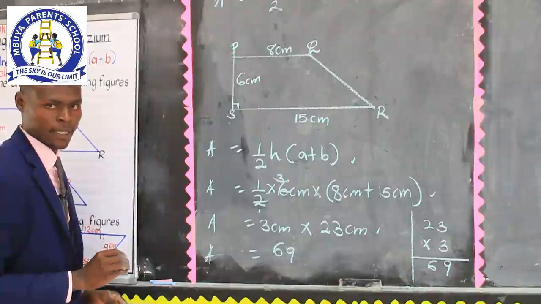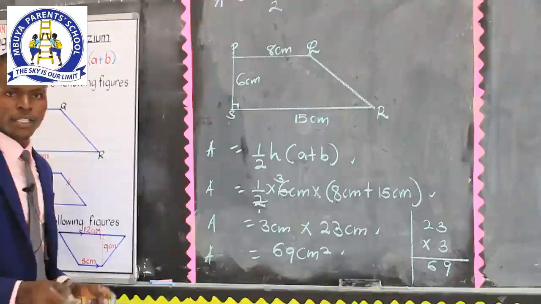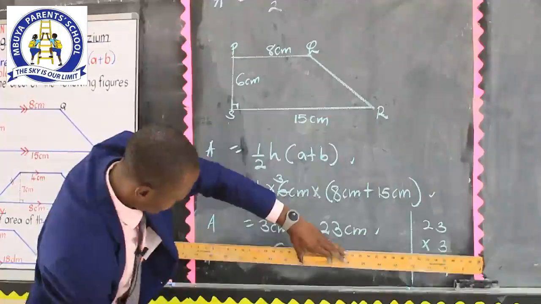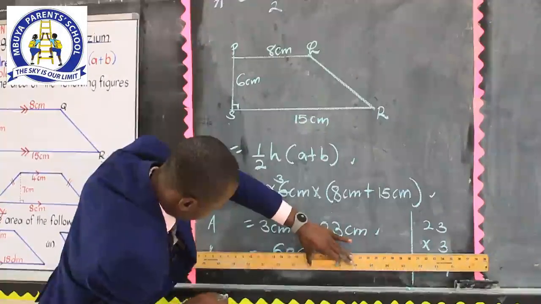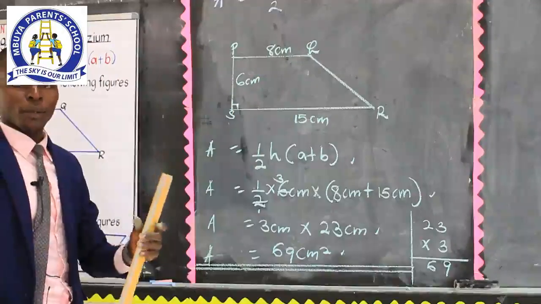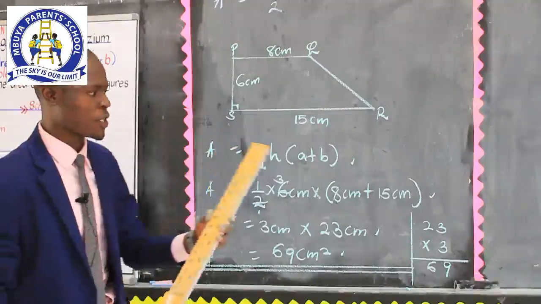Don't forget the units. Square centimeters. At that point, get a ruler and double underline your answer. For purposes of neatness, and whoever will look at your work will say, yes, this candidate must have been taught by teacher Salim.